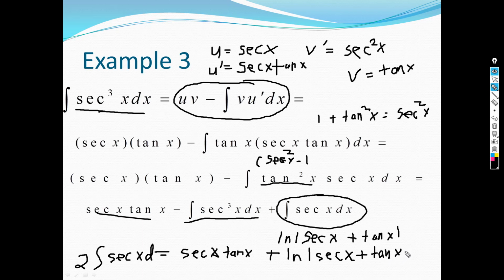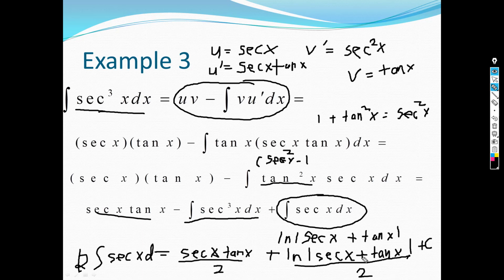And then to finish the problem, I would just divide through by 2. So dividing by 2, this will cancel out. This would put a 2 here, this would be the 2 down here. And then at the end I add my constant of integration. There you have your answer, right here.